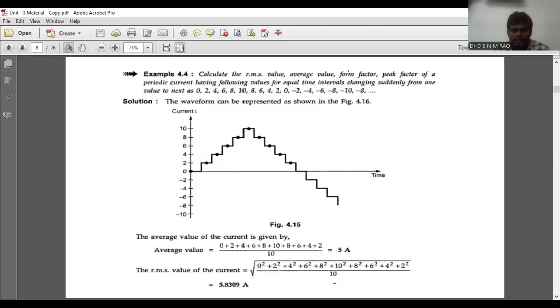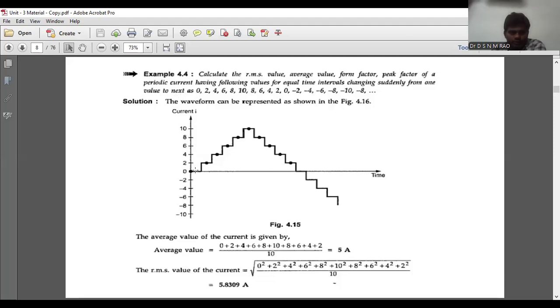Calculate the RMS value, average value, form factor, and peak factor for a periodic current having the following values for equal time intervals, changing suddenly from one value to the next: 0, 2, 4, 6, 8, 10, 8, 6, 4, 2, 0, -2, -4, -6, -8, -10, -8, and so on to infinity. Like that, this wave is varying. So the given waveform is represented as shown in the figure below.